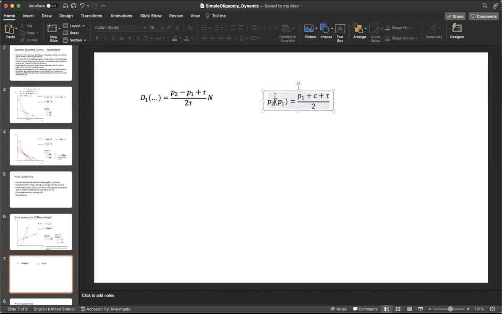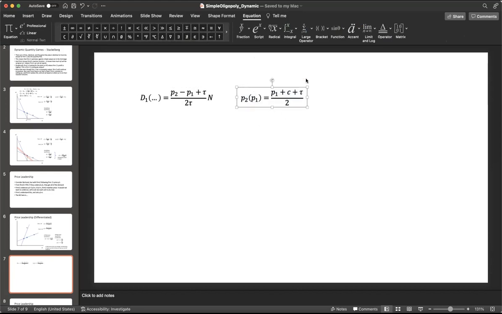So what is this? Yeah, that's the reaction function of firm 2. When it sees that firm 1's price is P1, then it will set P2 equal to this thing, whatever this is.